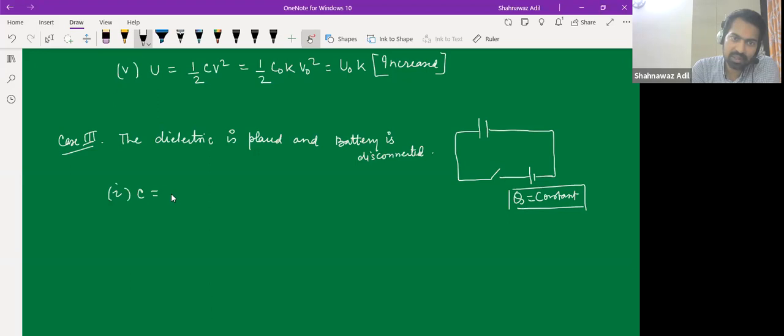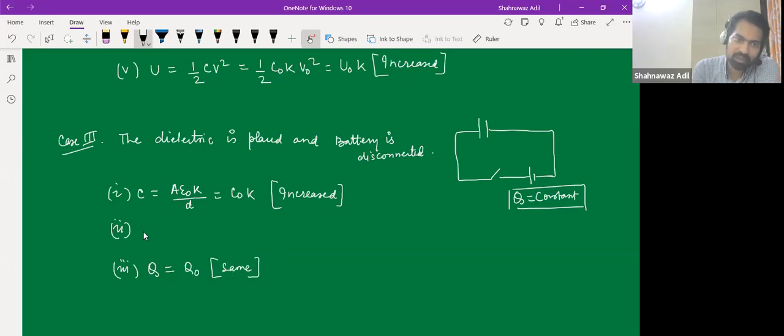Capacitance is epsilon naught A K by D, which is C naught K, right? So this is increased. What about the voltage? Let me write the charge first. Q is Q naught, so this is the same.